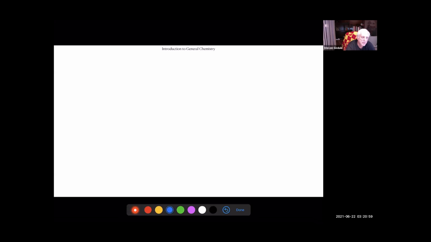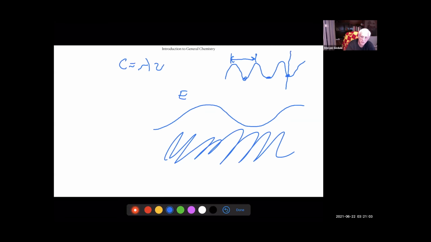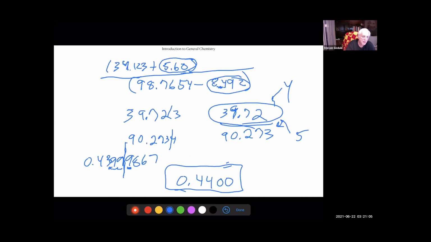Oh, I had a question on the last one too. How does the 5.6 being added work? Because when you add this, you're only accurate to 2 places past the decimal, the least accurate number. So then your answer can only go 2 places past the decimal. So it's 39.72.